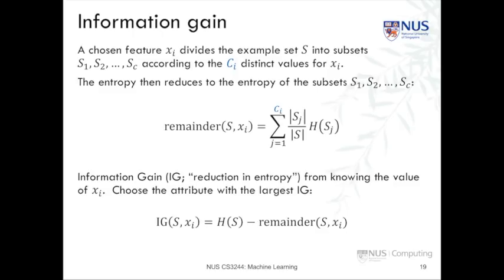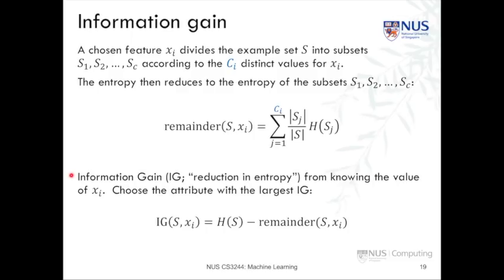Now, how can we incorporate that to measure which attribute should be best? The idea behind this is that the chosen feature that we want to divide the example set of instances on into subsets should try to reduce the entropy of the remaining subproblems. So if we have the entropy of each particular resultant subset and we have their proportion, we can calculate the remainder of information left in the problem as basically the sum of all the individual subproblems.